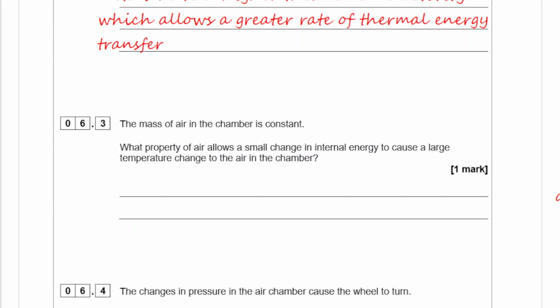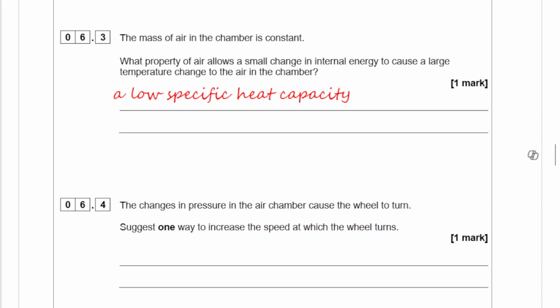We are talking about internal energy, in terms of movement of molecules, causing a large temperature change. That would be a low specific heat capacity. Because air has a low specific heat capacity, you don't need a lot of energy change for the temperature to change.